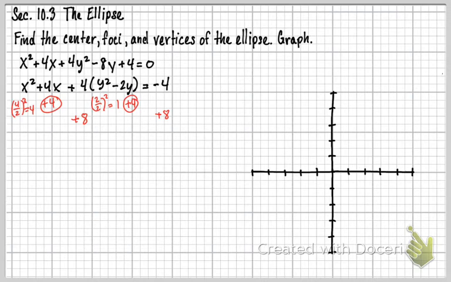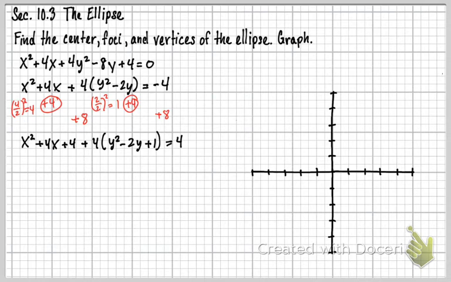All right, so anyways, that means on the left side then, I'm going to have that x squared plus 4x plus 4 plus 4 parentheses y squared minus 2y plus 1 equals, now that's not going to be a negative 4 anymore, but that's now going to be a positive 4.